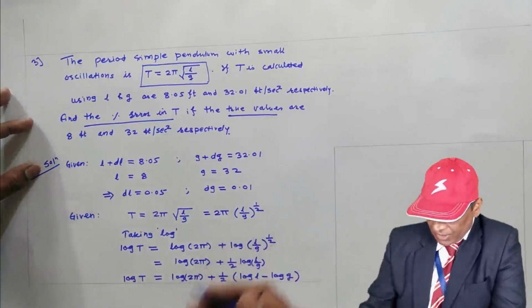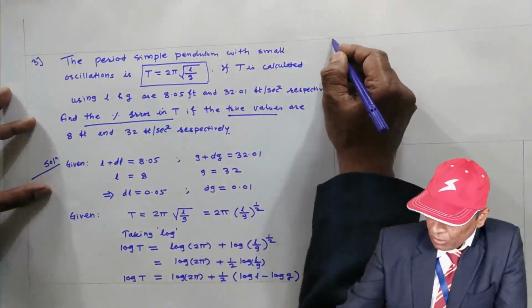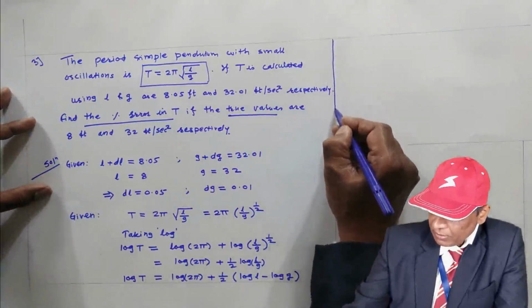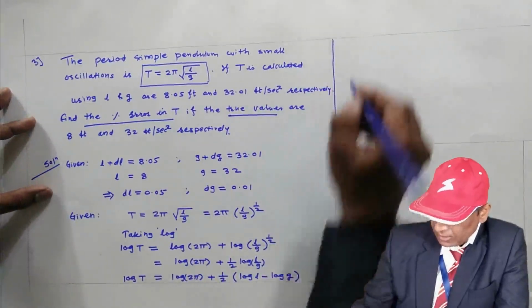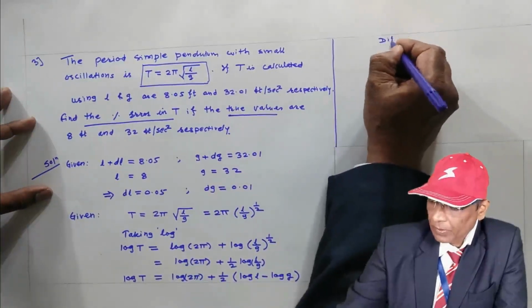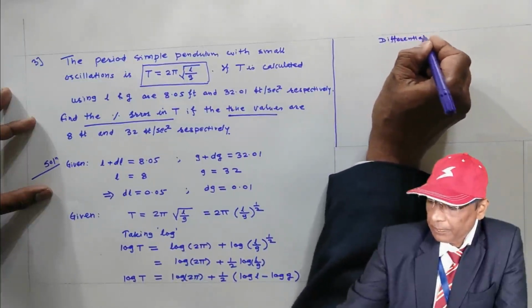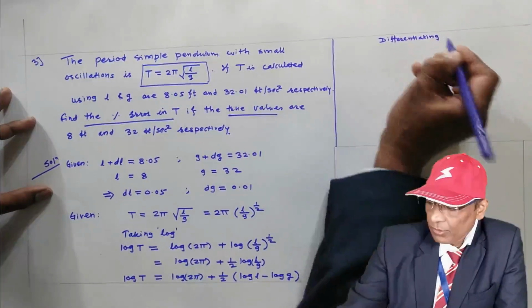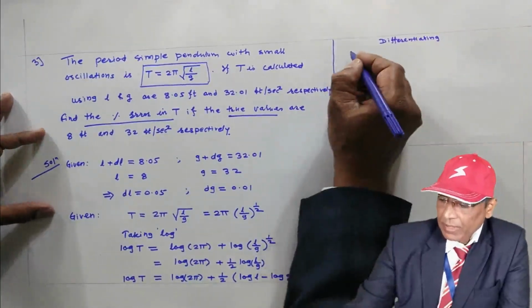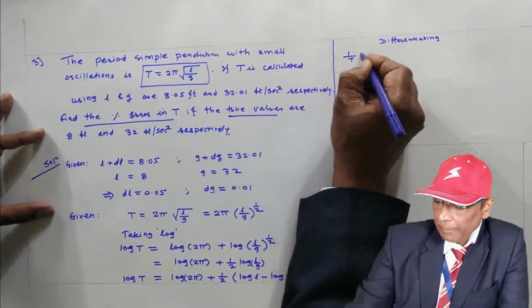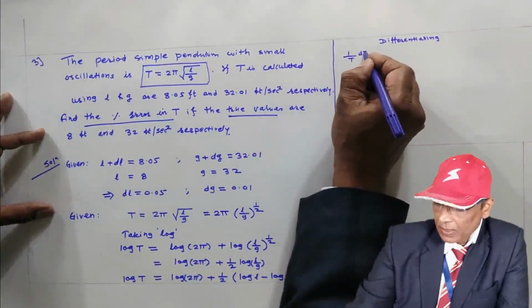Now, after simplification, differentiating this. Take the derivative very carefully. Derivative of log T is 1 by T, derivative of T is dT.